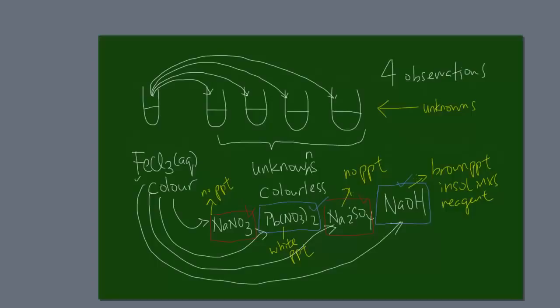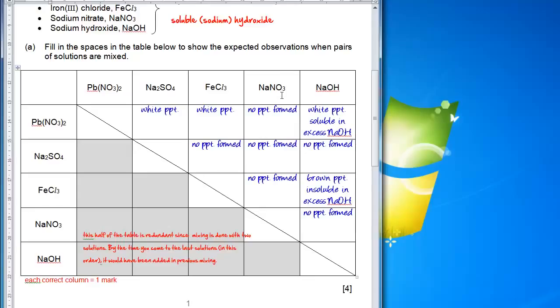Now let us go back to the table. Since we are looking at this section over here, the NaNO3, it doesn't give a PPT with anything. Can you see that? See NaNO3. There's no white PPT formed with PbNO3, no white PPT with Na2SO4, no white PPT with FeCl3, no PPT with sodium hydroxide. Let us look at the sodium sulfate.